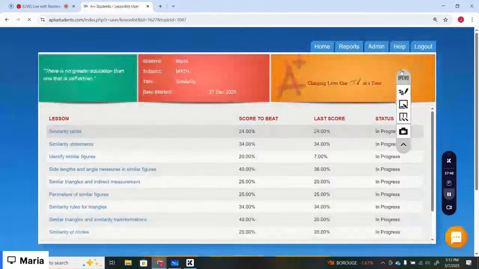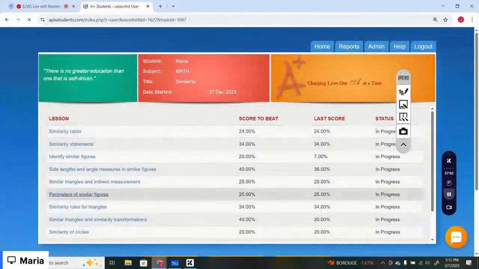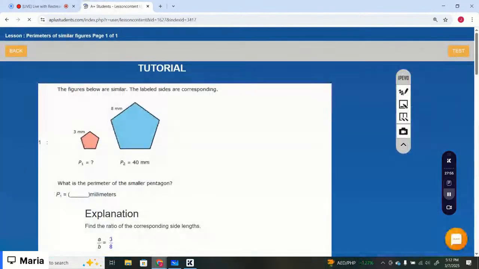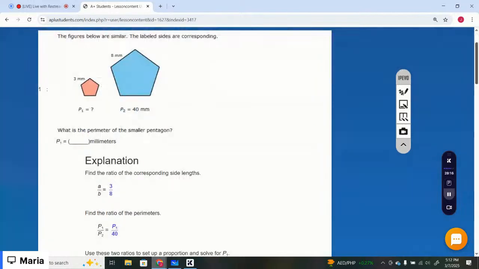This lesson is perimeters of similar figures. The figures below are similar. The labeled sides are corresponding.